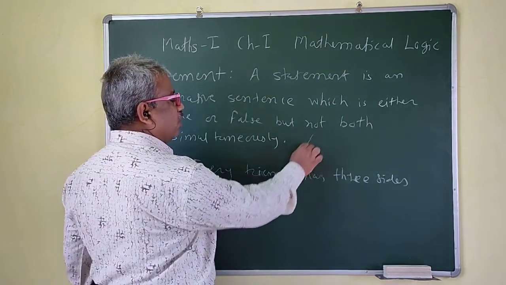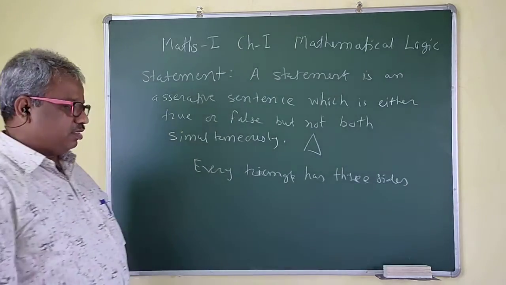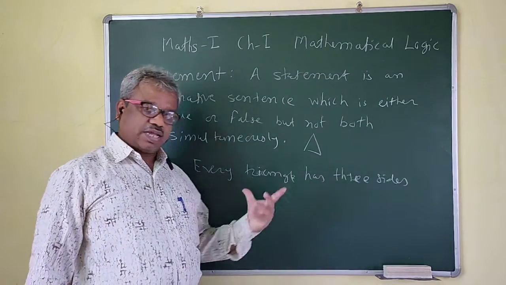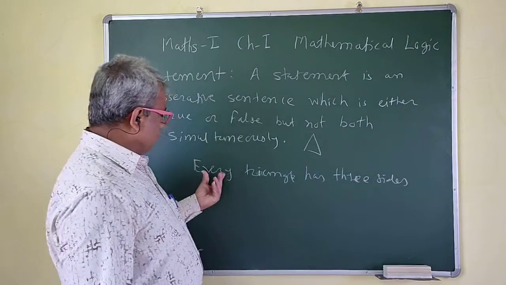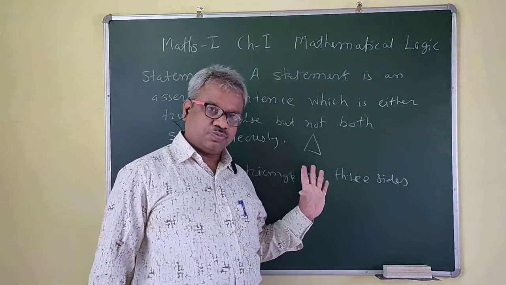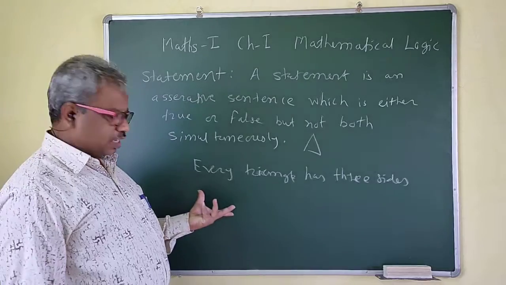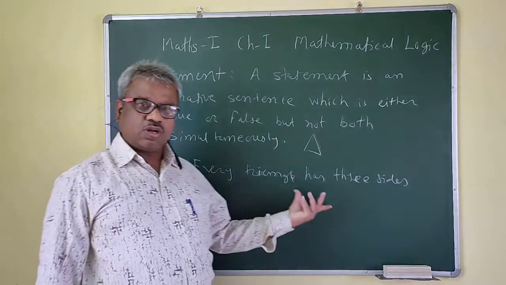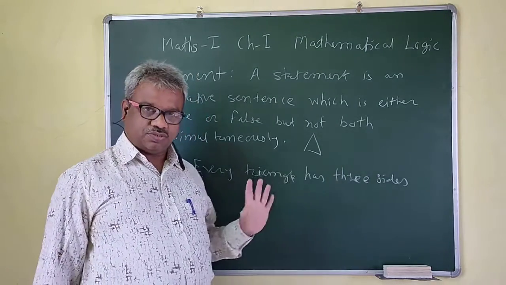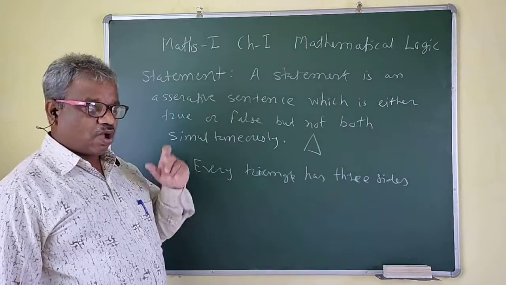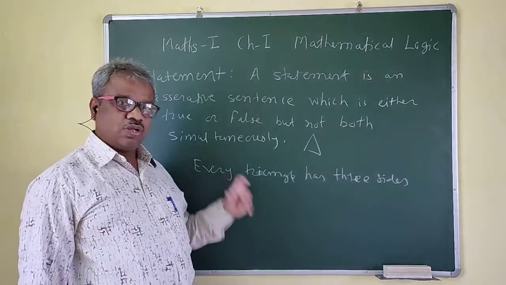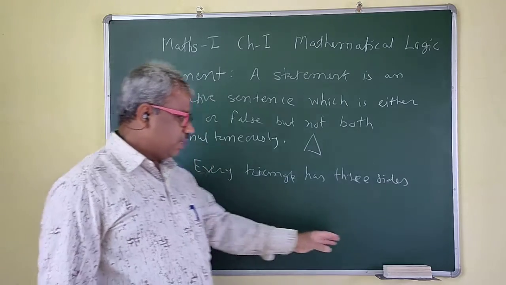So this is a sentence, and this sentence is true. Or if you say that every triangle has four sides, then also that is a statement, because we are surely saying that it is false. If you are sure that it is true or it is false, then it is a statement.